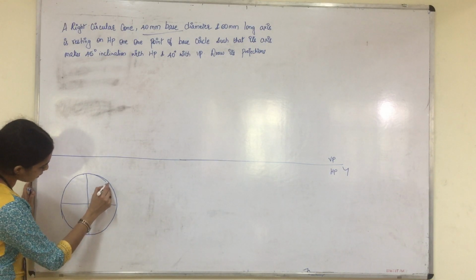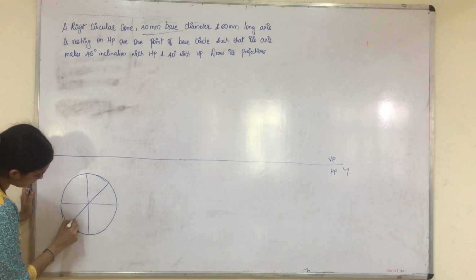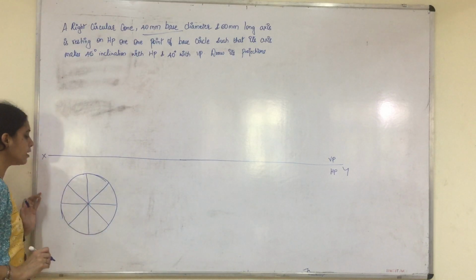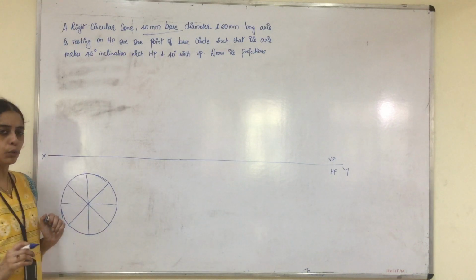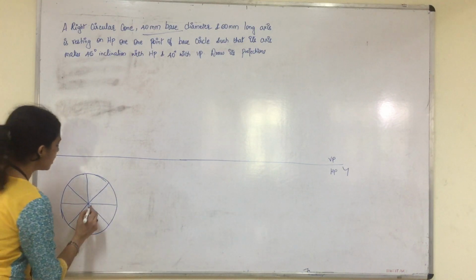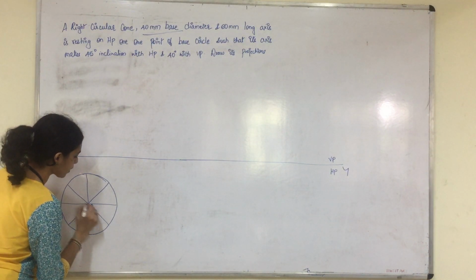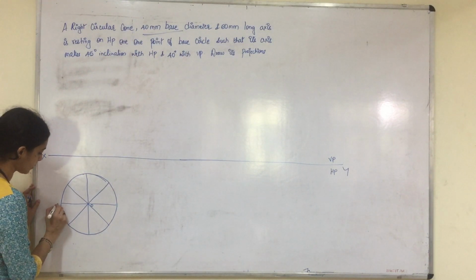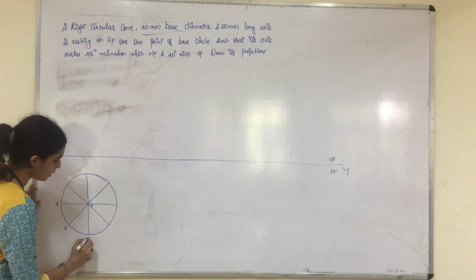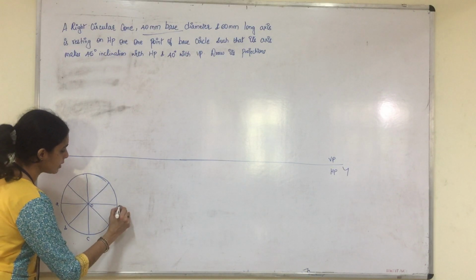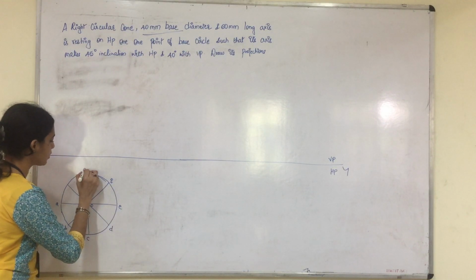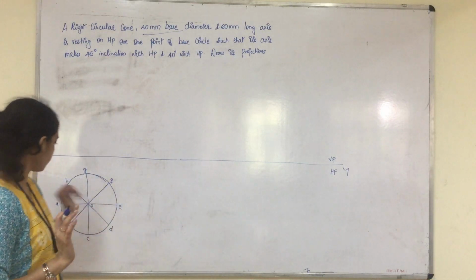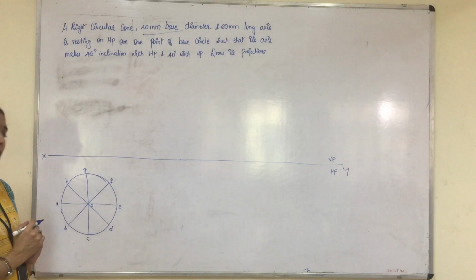And again from here I will draw. So I have divided the circle into 8 equal parts. This is our center O. Then name the points accordingly: A, B, C, D, E, F, G and H. This is the top view of the circular cone.